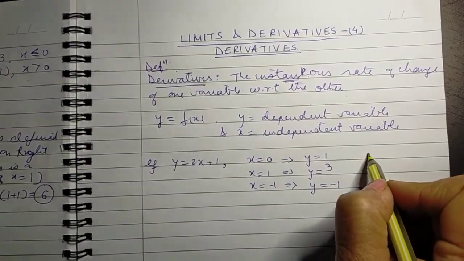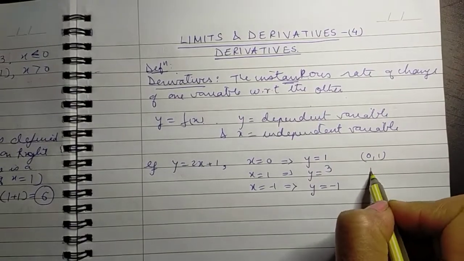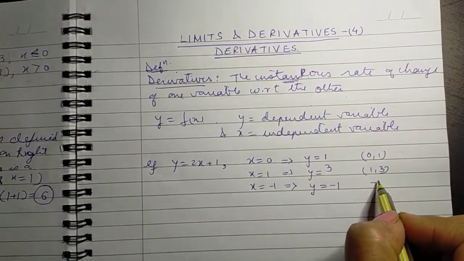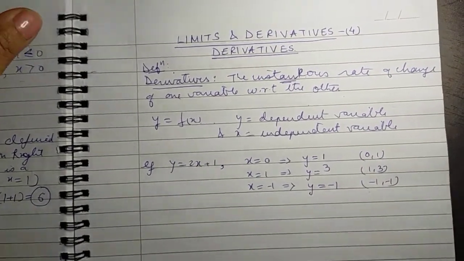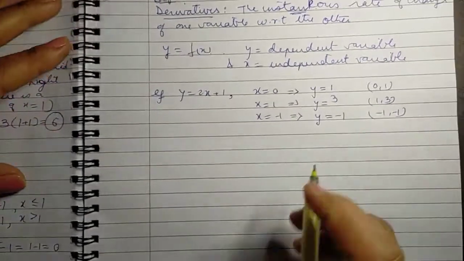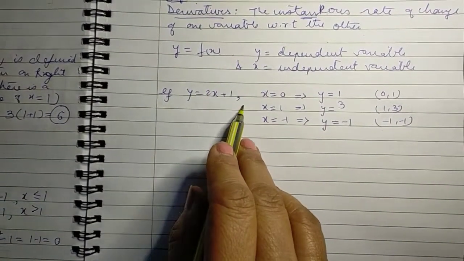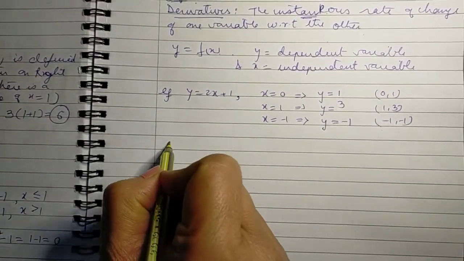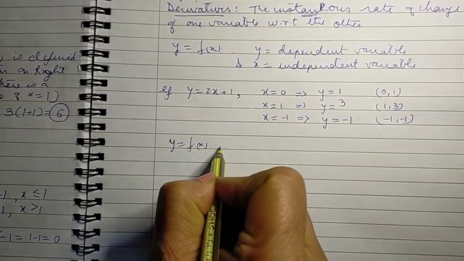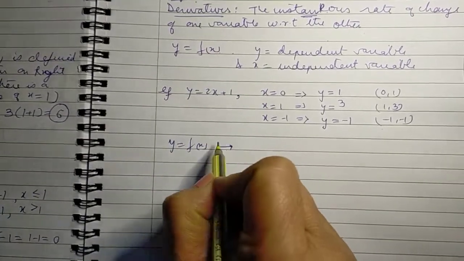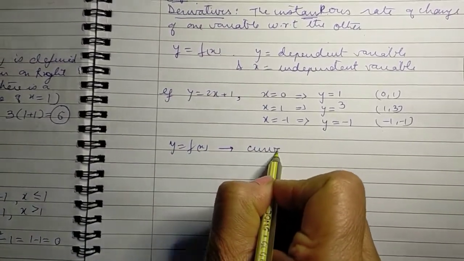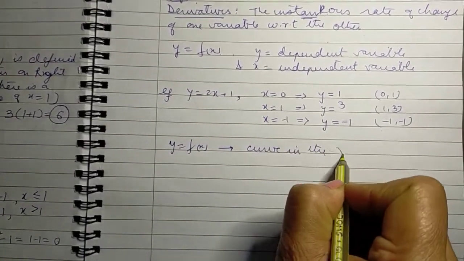So we have got 3 points lying on this curve, and using this you can just plot the curve on the xy plane. Here clearly it's a straight line, but usually y equal to f(x) is denoted by a curve in the xy plane.